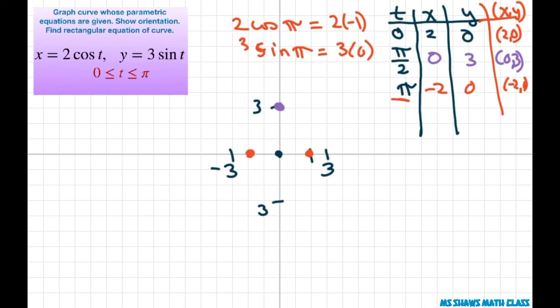So this is your curve. It goes like this. And we're going from 0 to pi. So we start at 0 and we stop at pi. We stop right here. So your orientation follows that motion. We start this way, and then we go down this way. And that's your orientation.